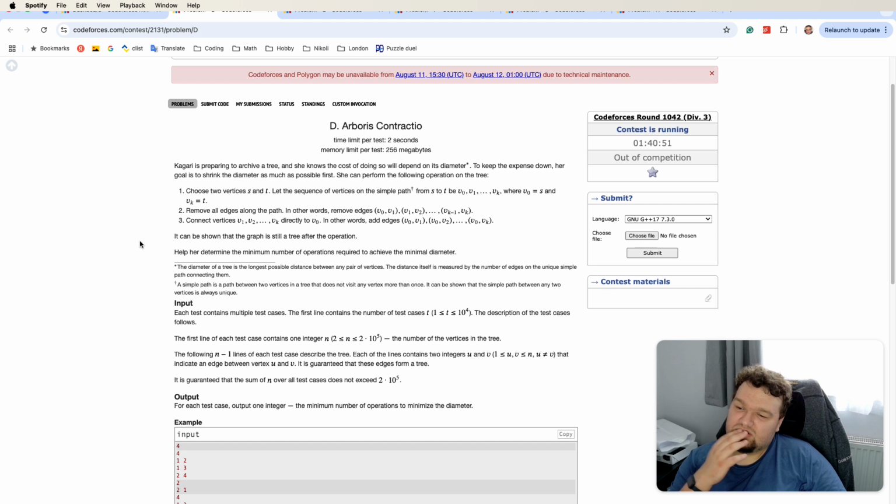So for a given vertex V that will be the center of the star, the number of iterations is at least the number of leaves in the tree that are not directly connected to V.